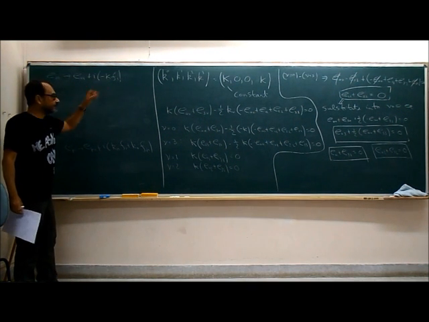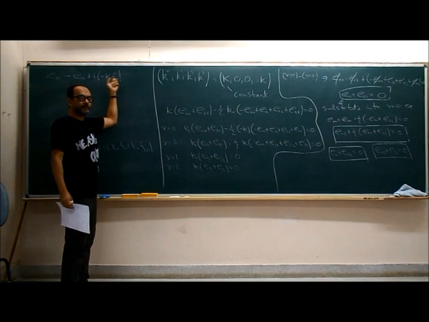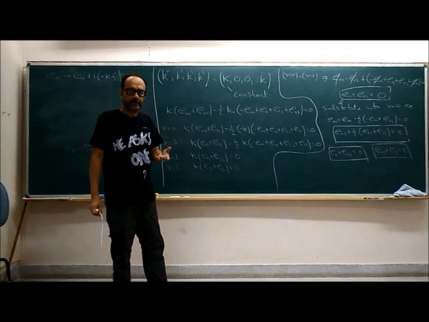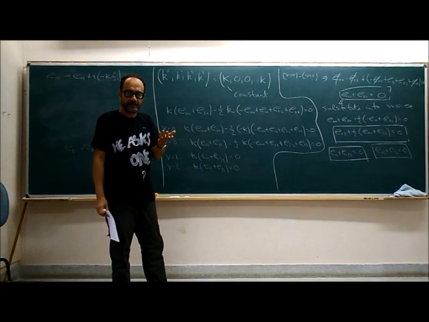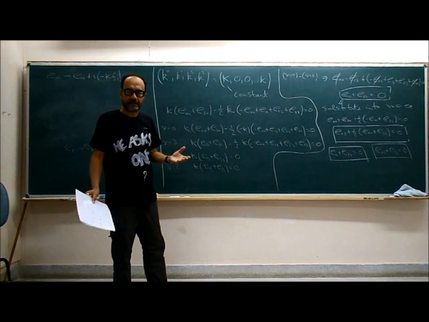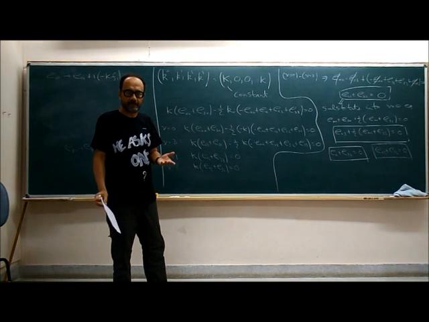Now at this stage, you need not worry about the fact that it becomes complex, because these E's are not real anyway, because e to the I K dot x is not real. At the end, of course, when you take the appropriate linear combination, you have to make sure that you take the real linear combination.